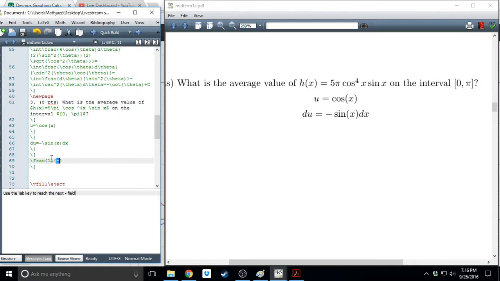our interval is pi long, from 0 to pi of, looks like 5 pi u to the fourth du, and we need a negative sign on it. Put the negative sign on this fraction here.